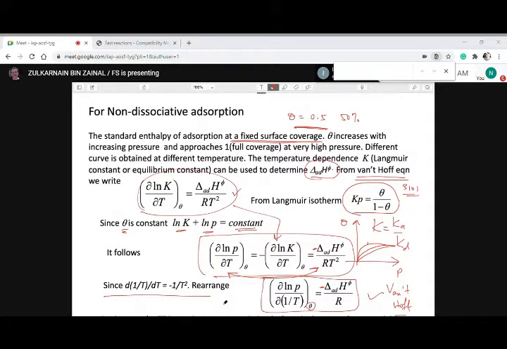So from this equation, we can do some derivation, a very simple derivation.